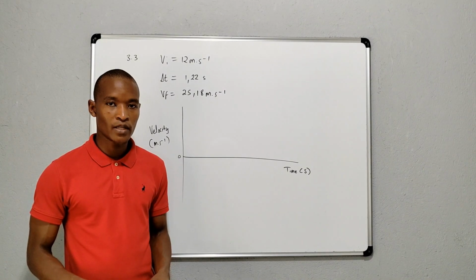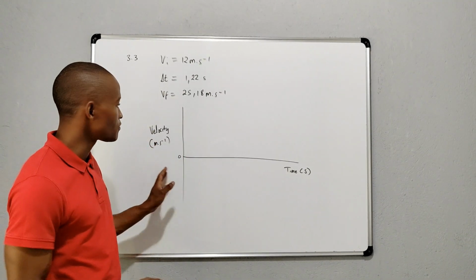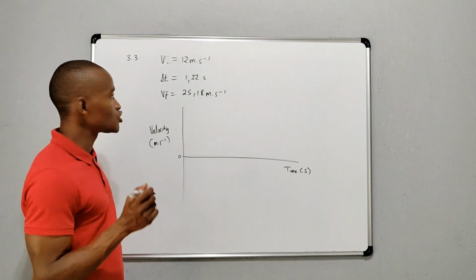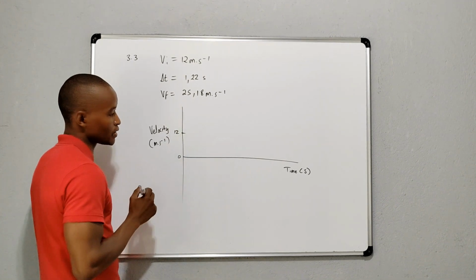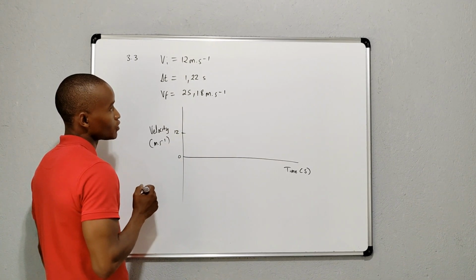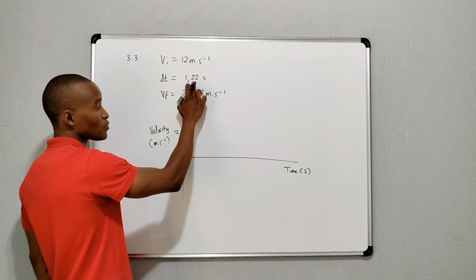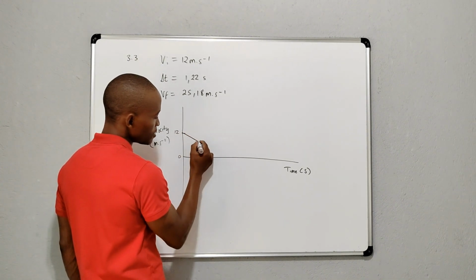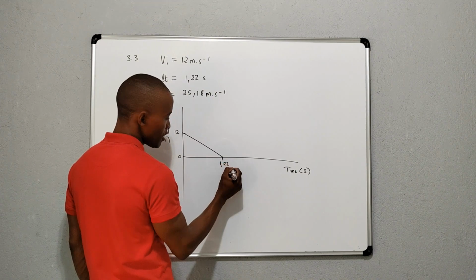Let us look at question 3.3 now. We are asked to draw a velocity time graph and indicate these quantities. Still choosing up as positive, we have 12 right here, and we know that it decreases all the way to the maximum height, and that part of the motion took 1.22 seconds, and this is what we want to see there.